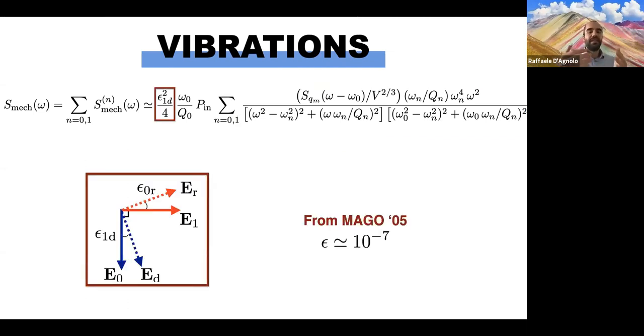You still have this epsilon factor because vibrations are not flipping the direction of the electric field. And so only electromagnetic energy that's already leaked in the right polarization, let's say, can contribute in this case. And again, we took the same number from the Mago collaboration.